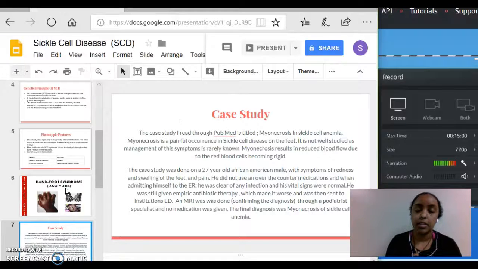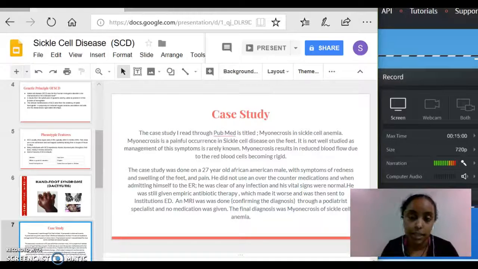The case study that I did was on a 27-year-old African American male. He, of course, suffered from SCD, and he had symptoms of redness and swelling in his feet.